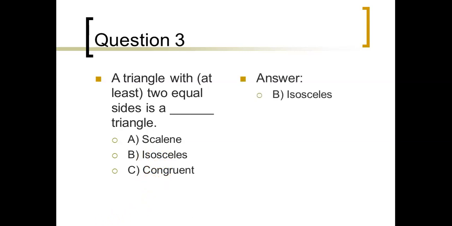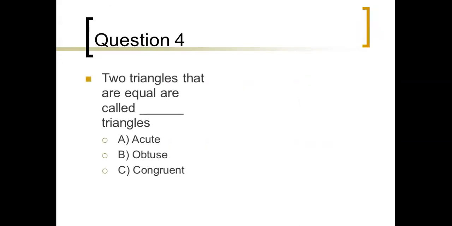Let's look at question 4. Two triangles that are equal are called dash triangles. When two triangles or two angles are equal, we say those triangles are congruent, right? Or the angles are congruent, or the sides are congruent. In this case, option C is correct. Then let's look at number 5.